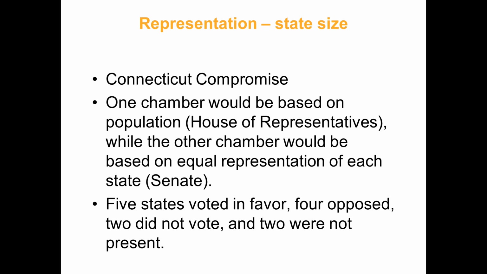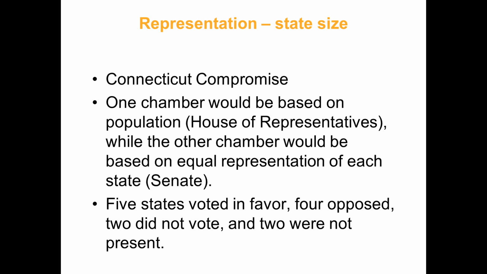What eventually happens, and this becomes a refrain at the convention, is that a compromise is arrived at. It's known as the Connecticut Compromise, and it is arranged such that we have a bicameral legislature, one house of which is determined based on representation. In other words, the House of Representatives, that's what it ends up being called. States with larger population get more representatives in this chamber. However, the Senate is composed of equal representation regardless of population size.